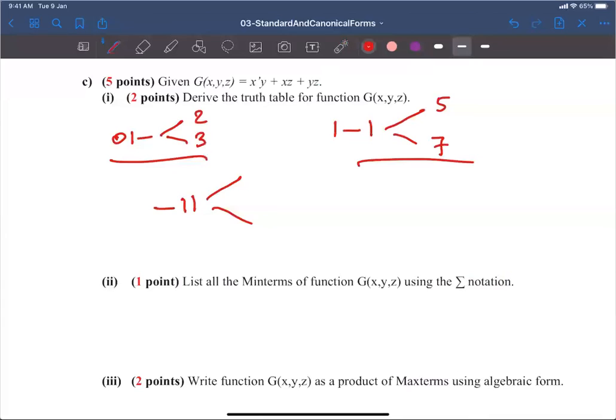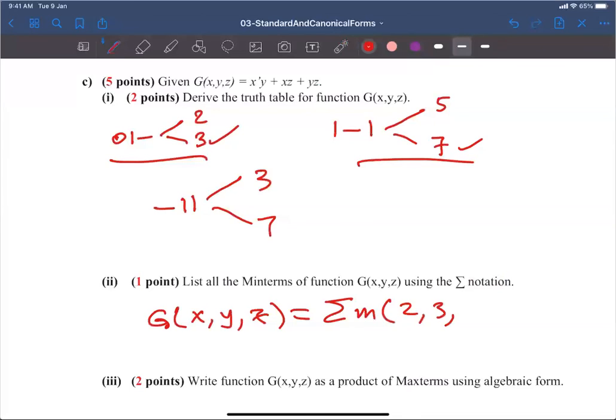So it can be 0, 1, 1, which is 3, already there. It can be 1, 1, 1, which is 7, which is already there. So my function G of x, y, and z is nothing but sigma of minterms 2, 3, 5, and 7.